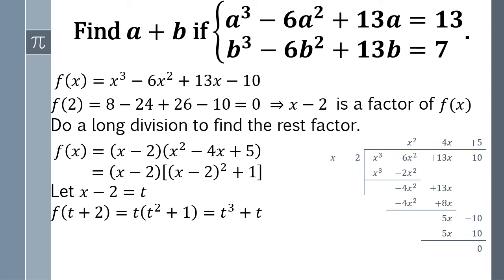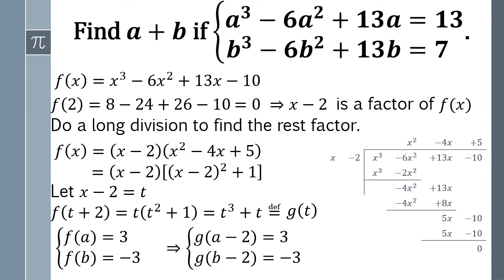And I'm going to give this new function a name, g(t). Then the original equations f(a) equals 3, f(b) equals minus 3 become g(a minus 2) equals 3, g(b minus 2) equals minus 3.